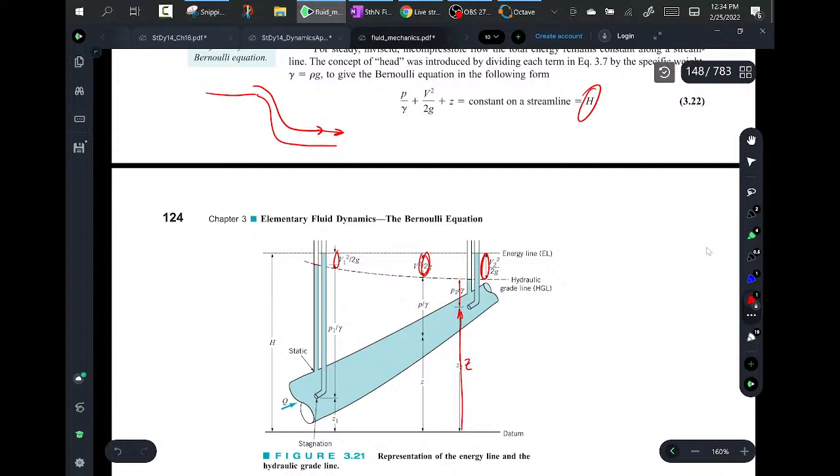This is the height, Z2, to that particular point. The water came in here and stagnated, so its kinetic energy was given up to push this up a little higher. Kinetic energy just, it's still in full speed past this tube. So what you get is this is the kinetic energy portion, this is the pressure portion, this is the elevation portion.